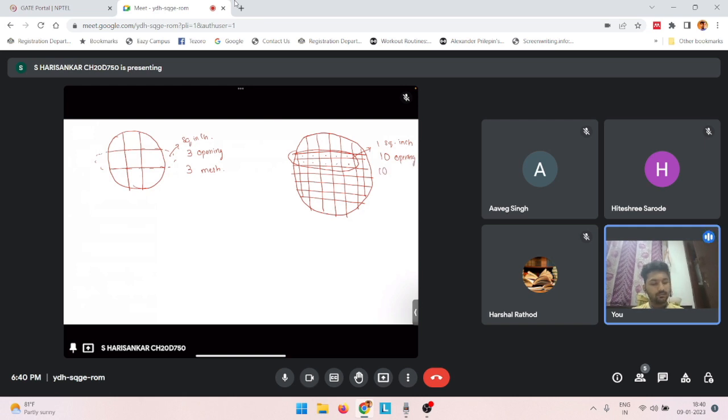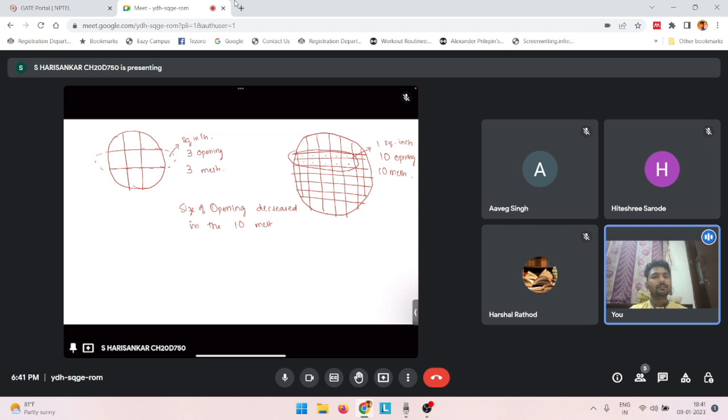So clearly what you can see here is that when we are looking at the 10 mesh, the size of the opening decreased.